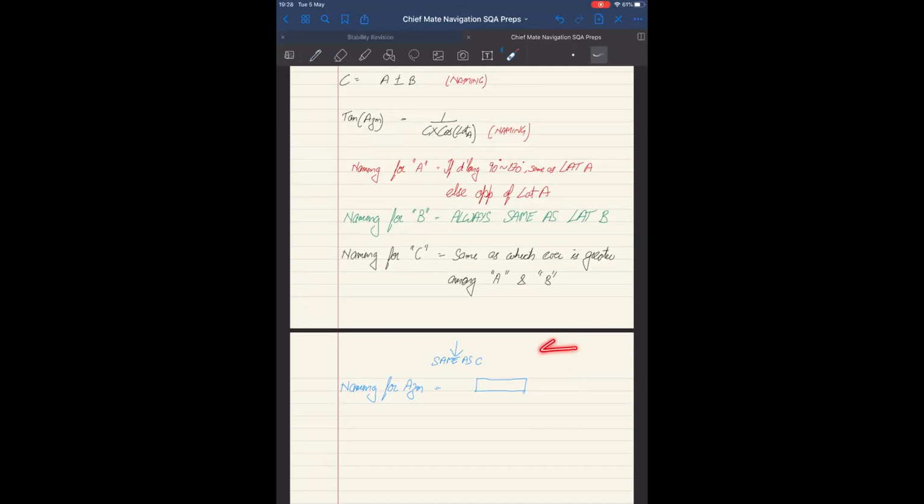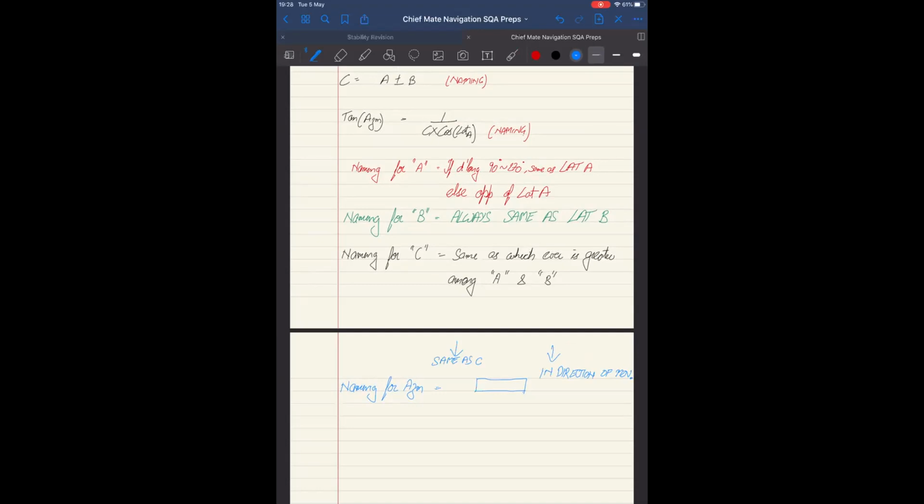If we are moving something like this, we are actually moving west. So whatever direction we move in, that is the name here, east or west, in the direction of movement. So this is how we calculate the initial course.